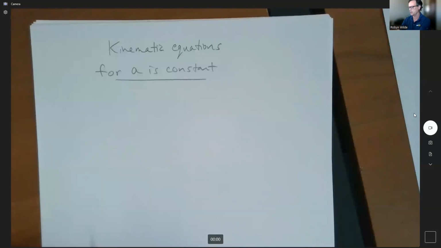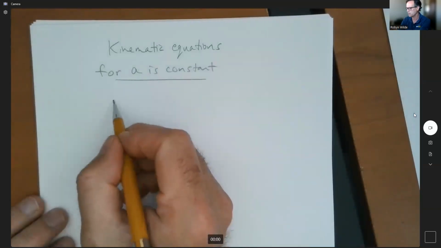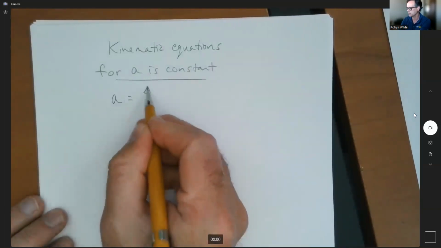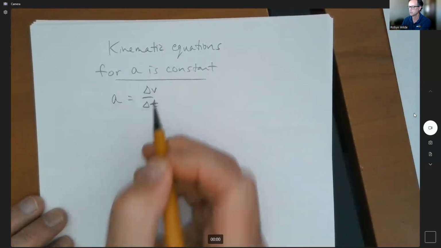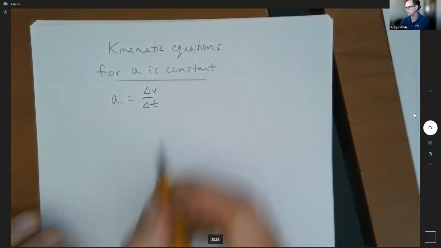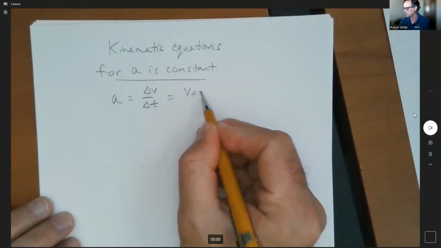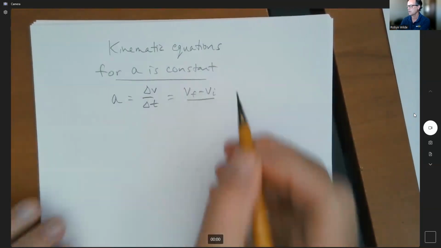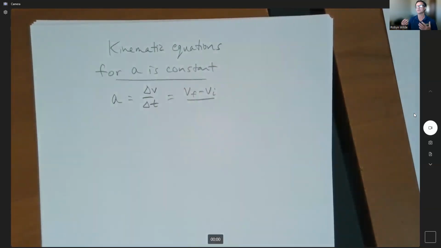Now, the first one we can kind of get from our definition of acceleration, right? Delta v over delta t. Remember that delta v is v final minus v initial. And instead of writing delta t, I'm just going to write t. I can always choose my origin of time to be 0. So my t initial is just 0.